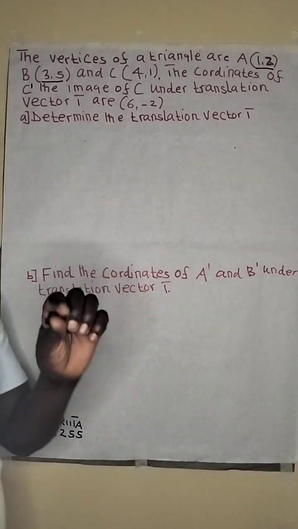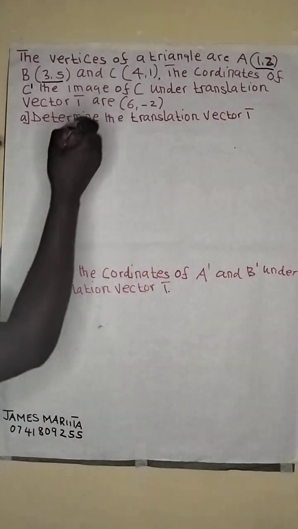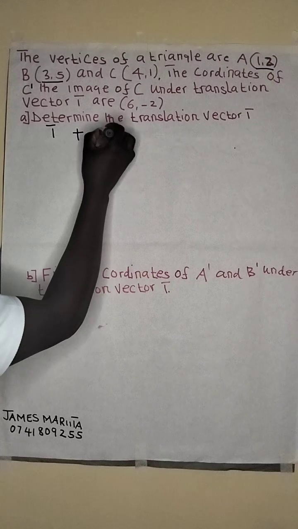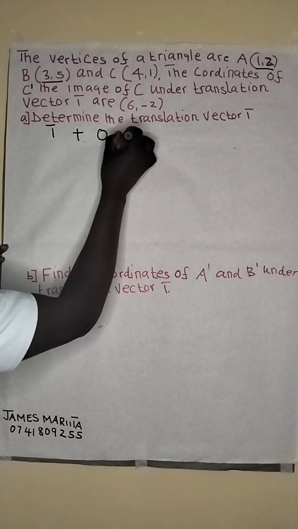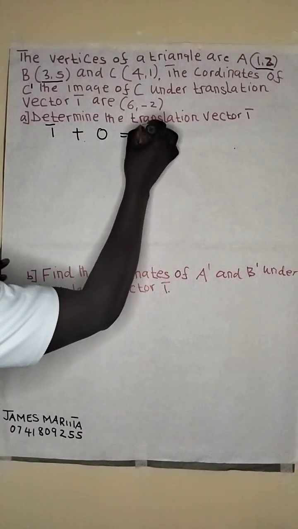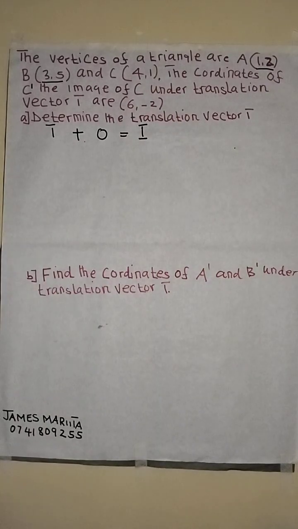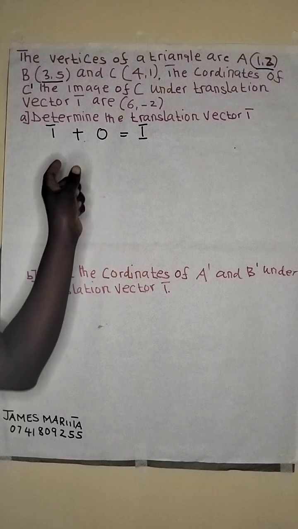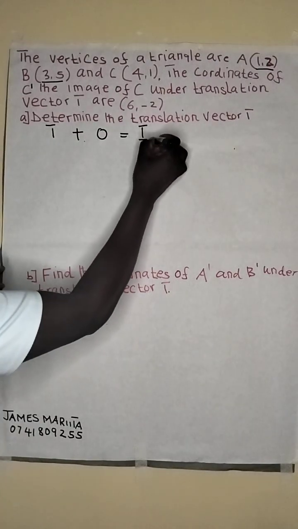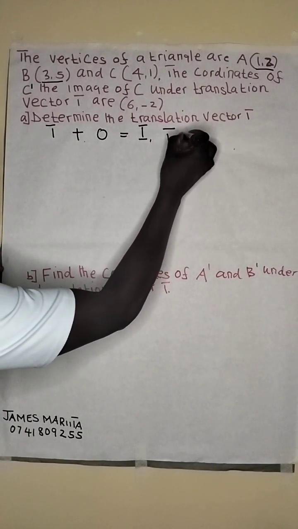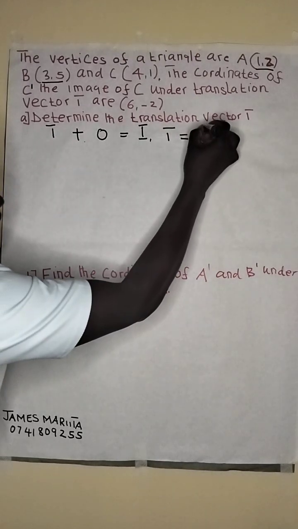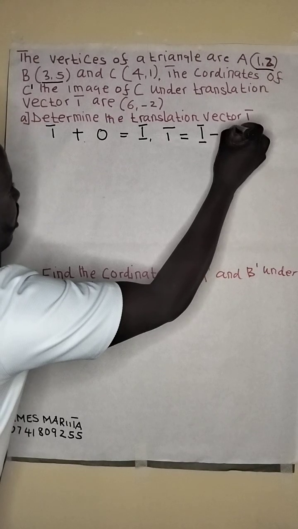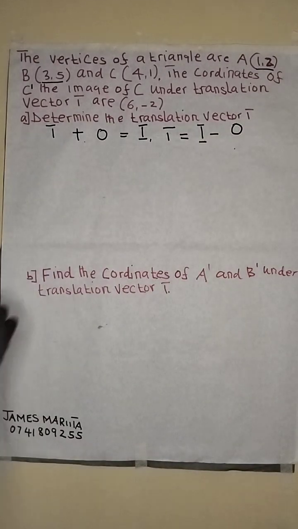To get the translation vector T, we say that the translation vector plus the coordinates of the object gives the coordinates of the image. Here we are given the coordinates of the image, and we are supposed to find T. So the translation vector T equals the coordinates of the image minus the coordinates of the object.